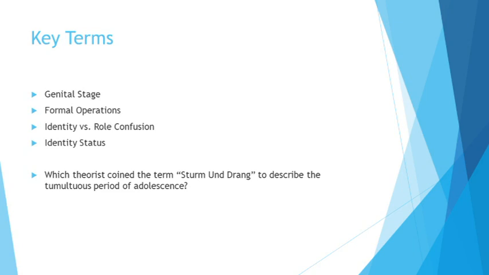Identity foreclosure, where you just choose a ready-made identity, but it's really kind of shallow. A moratorium, where you try on different kinds of things. For a period of time, you feel a little bit lost, but eventually, if you commit to a package of different traits, then you get to identity achieved. So then you become a more robust, well-developed adult.